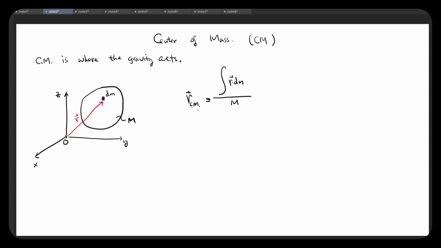So R center of mass is the center of mass position vector, given by the position r weighted by mass dm, integrated throughout the whole body, and then divided by the total mass. You can also think of this total mass as the integral over dm.